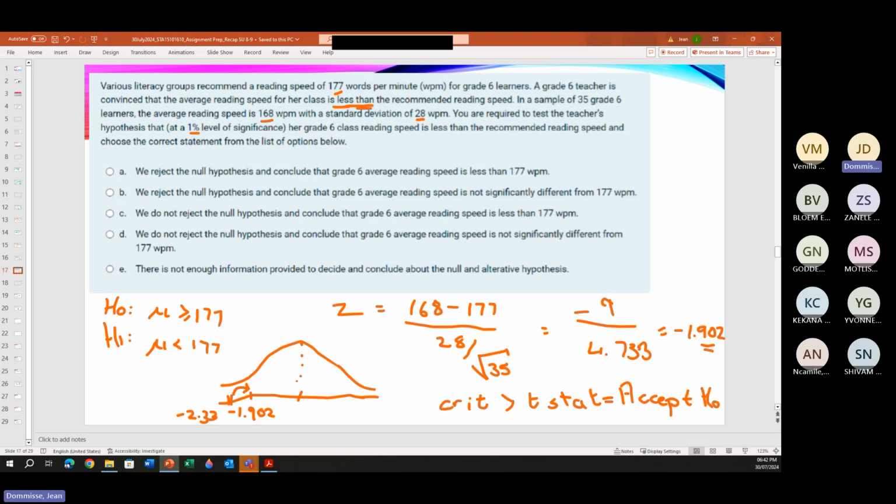Because it lies within, I will accept, but let's just see what the differences are here.